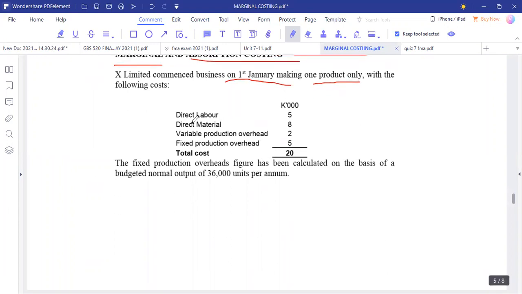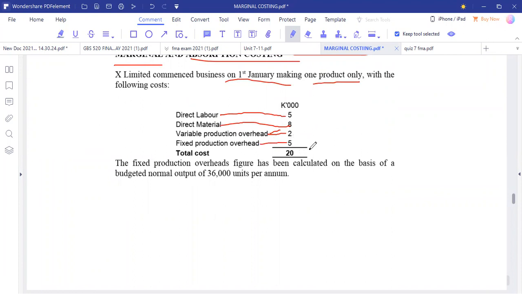All right, so our direct labor is 5,000, it is in thousands. Direct material is 8,000. Variable production overhead is 2,000. Then the fixed production overhead is 5,000.